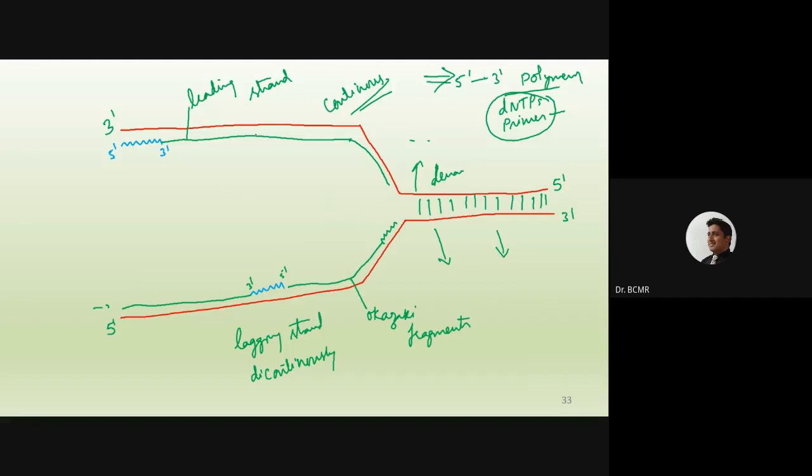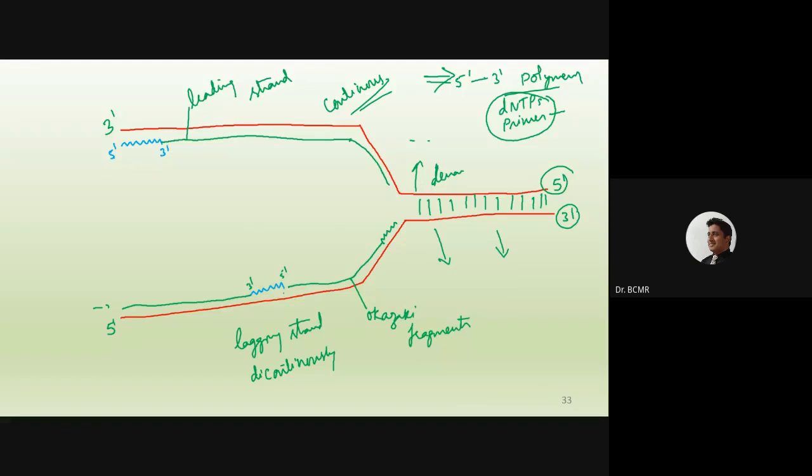You should be able to draw straight lines like these and be able to indicate the polarity of the DNA strands that are being made and the location of the primers and the newly synthesized strand.